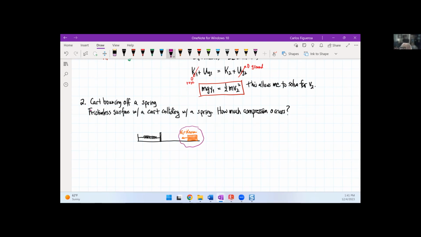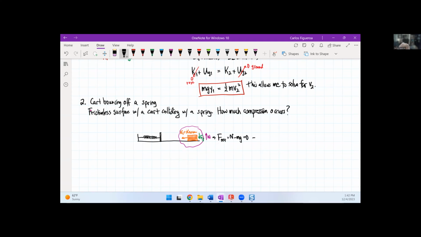Are there any forces acting on this thing? Yes, there is a force of gravity, but there's also a normal force. So the net force acting on the system is going to be 0, because I have equal and opposite forces. So normal minus mg is going to be 0.